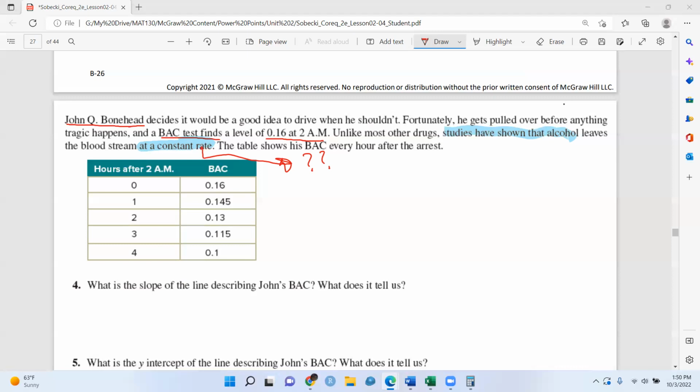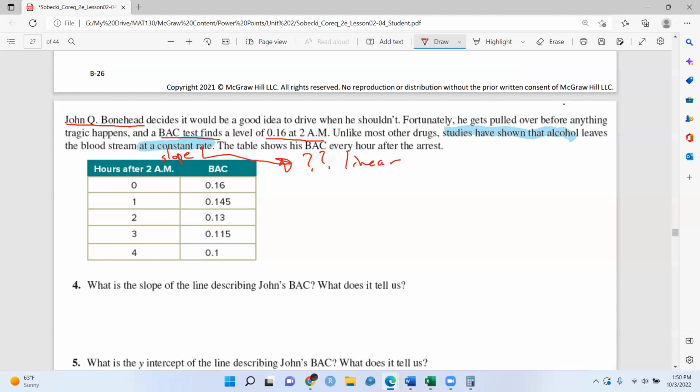Nailed it, Mike. That's it. Linear. And that constant rate is the slope. It's the rate of change. So the blood alcohol content, the percent of your blood that's alcohol, leaves at a constant percentage over time.